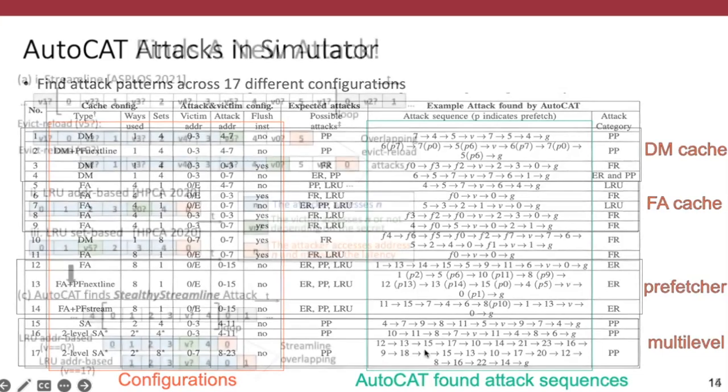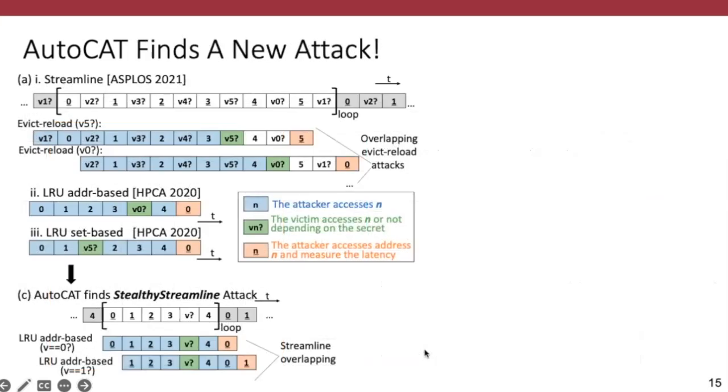And interestingly, we find AutoCAT actually finds a new attack. After analysis, we find it's actually a combination of 2 known attacks: Streamline, from ASPLOS 2021, and the LRU-based attack, from HPCA 2020. And the agent smartly combined the 2 attacks.